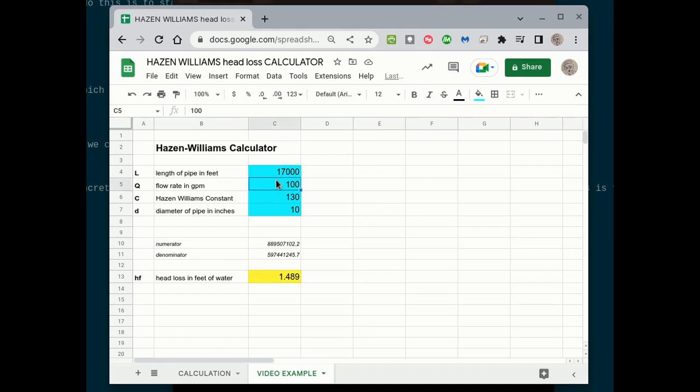So now as I change the things, let's say that I have 20,000 feet of pipe. Now it's got a different answer. Let's look and see if this works. So we see in our formula that the number that changes the most is the one that is raised to the 4.8655 power. So that is our diameter. So if we go to 8 inches, we see a pretty significant increase in head loss.